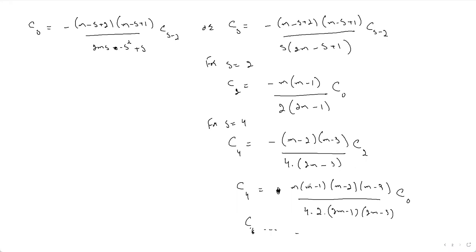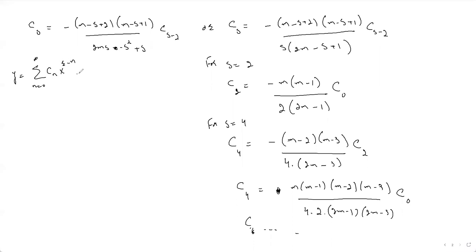Okay, fine. So now we find out the coefficients, then we can just write down the solution. You know that the solution is given by summation n running from 0 to infinity, c n x raised to the power r minus n, right?